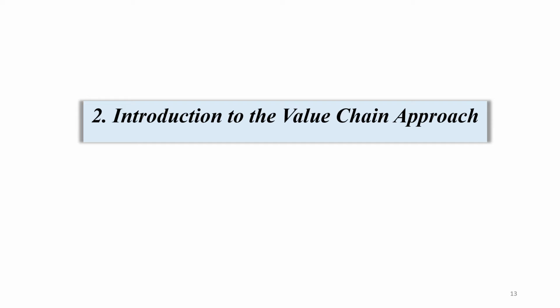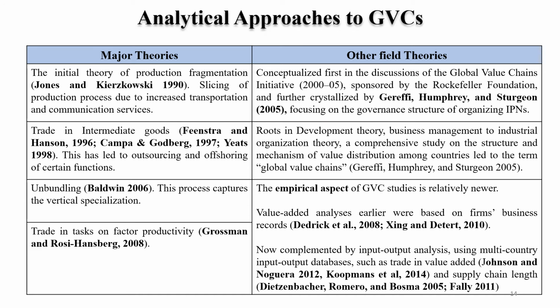Let us now concentrate on different kinds of approaches which have been taken up by researchers to understand global value chain. One of the earlier theories of global value chain focused on slicing up the production process due to rising transportation and communication services.